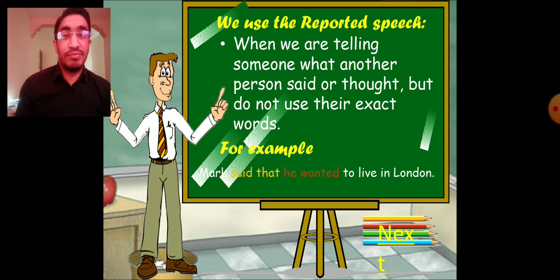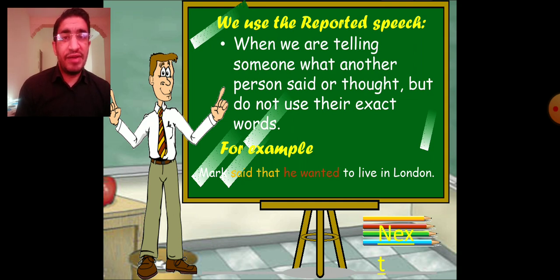For example, Mark wants to live in London. When I change it to reported speech, it's going to be: Mark said that he wanted to live in London. If you focus here, the difference between the direct speech statement and the reported speech one is the tense.